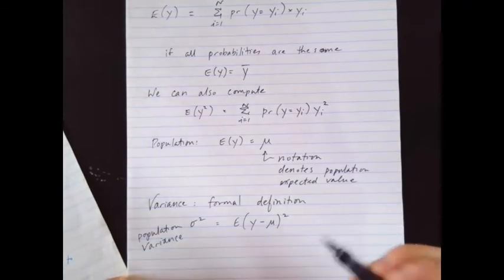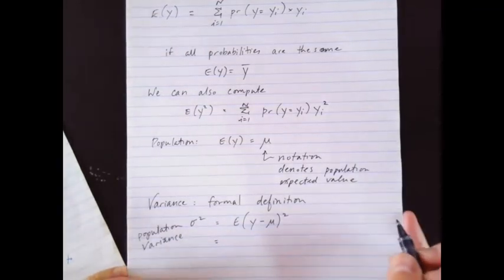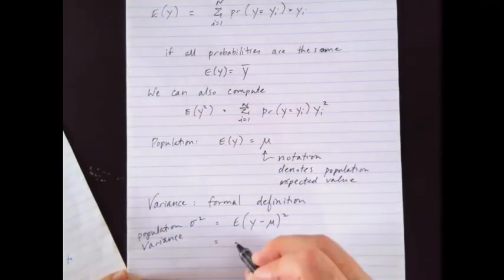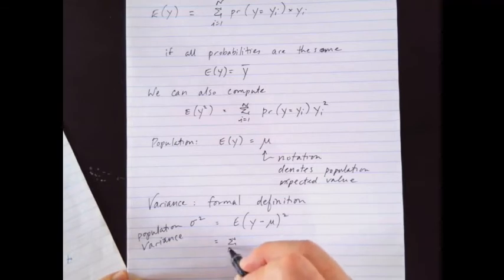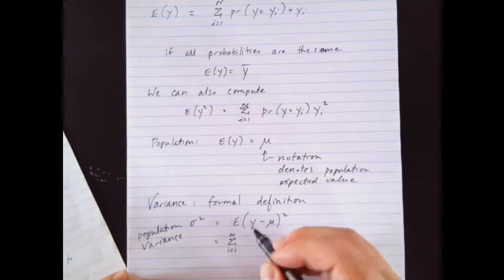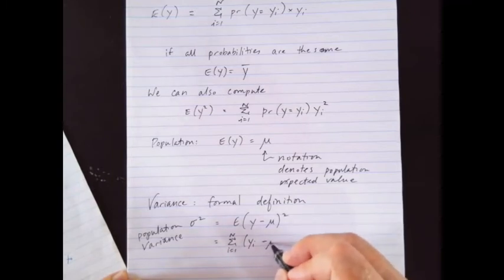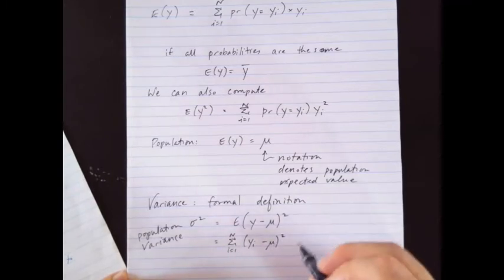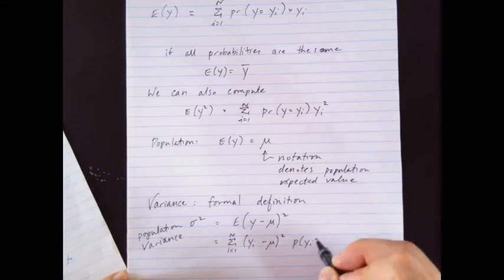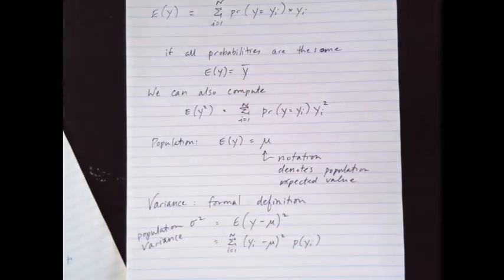And so if we apply the expected value formula, then that's going to be the sum from i equals 1 to n of yi minus mu squared times the probability of yi. And I'm going to expand this out.